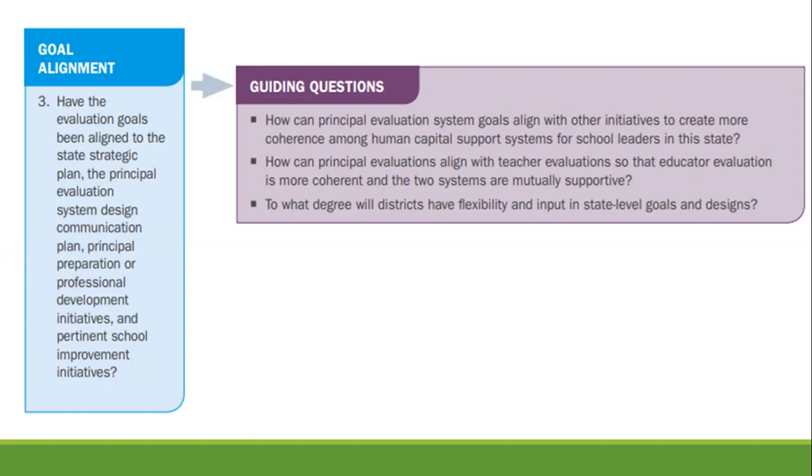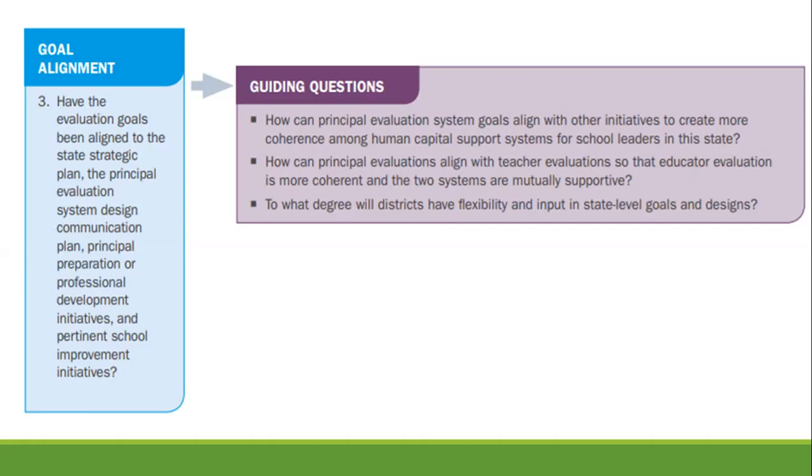How can principal evaluations align with teacher evaluations so that educator evaluation is more coherent and the two systems are mutually supportive? To what degree will districts have flexibility and input in the state level goals and designs? If the answers to all these three questions are available, then it can be said that goals are aligned.